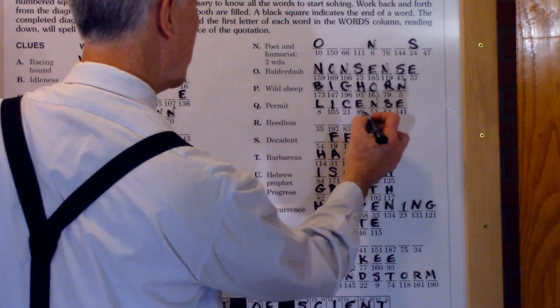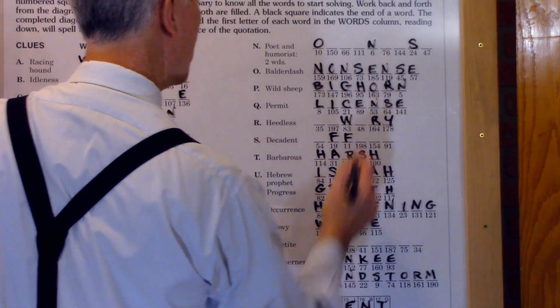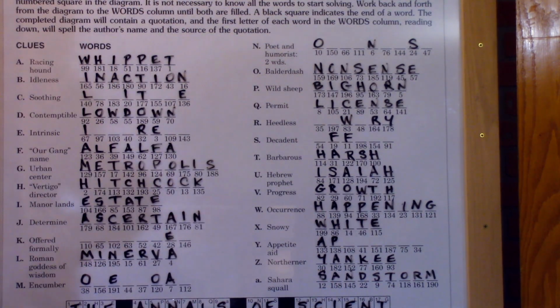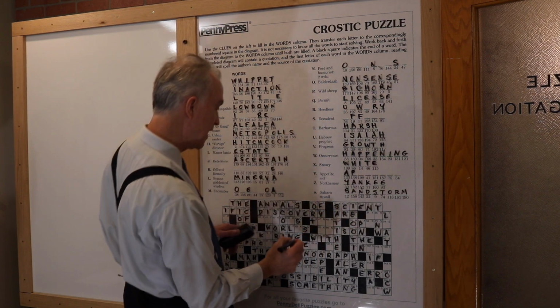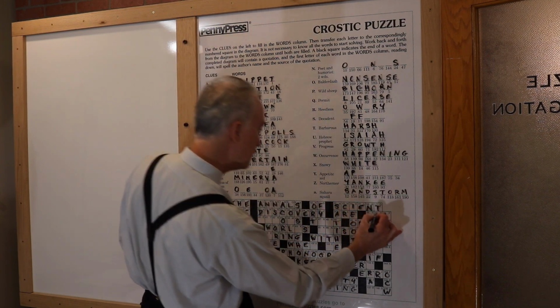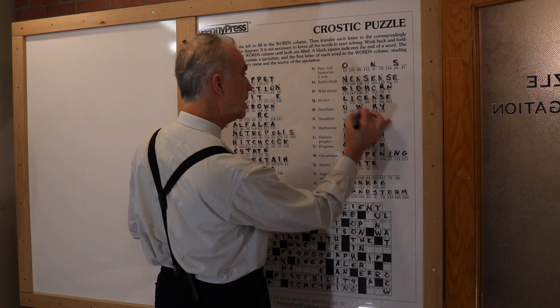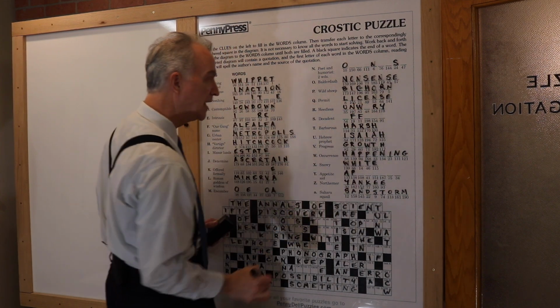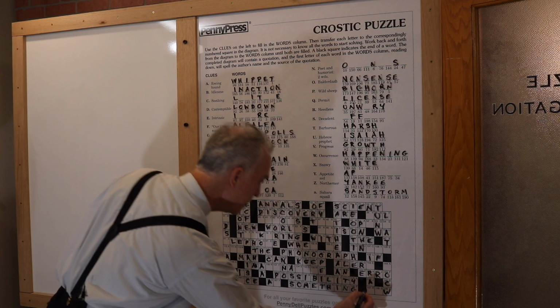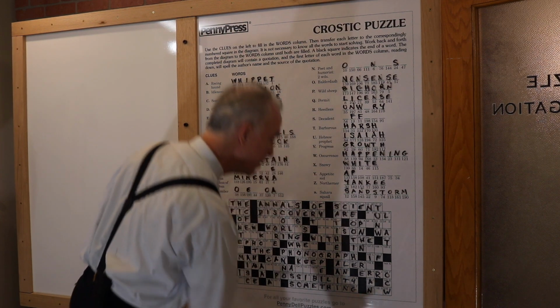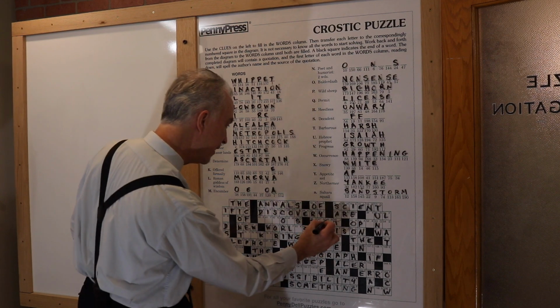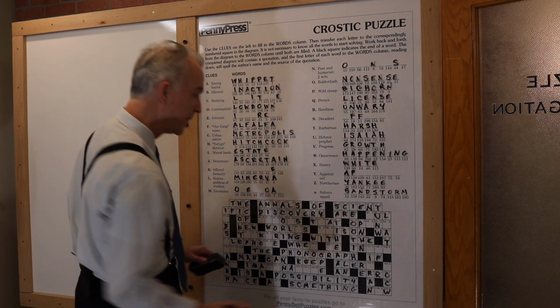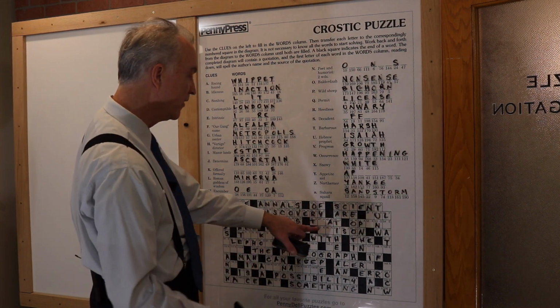R83W. Heedless. Unwary. 35U. 197N. 48A. Now we're getting a lot of words that are very easy to complete.